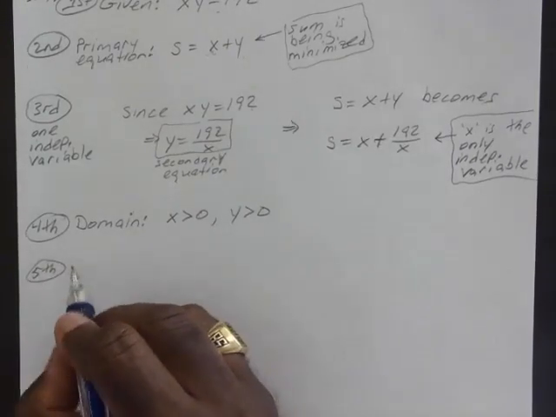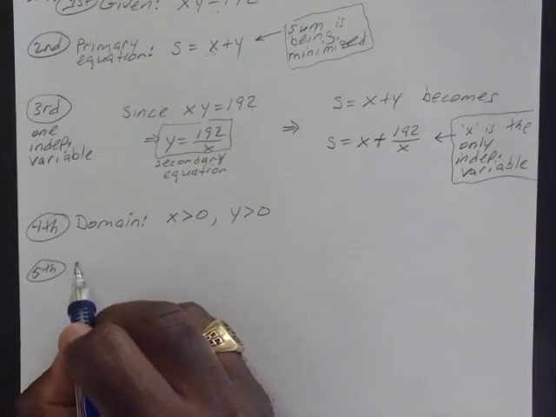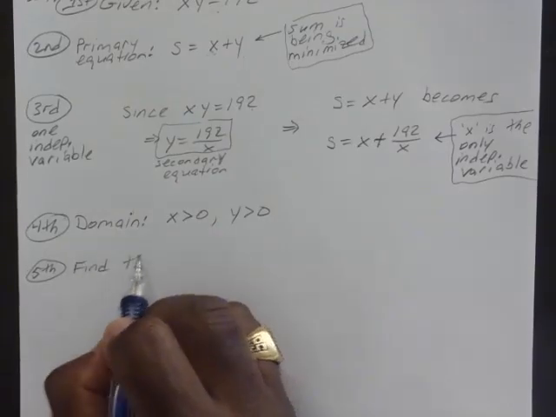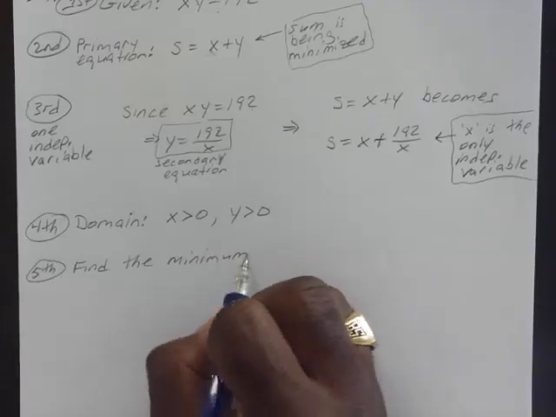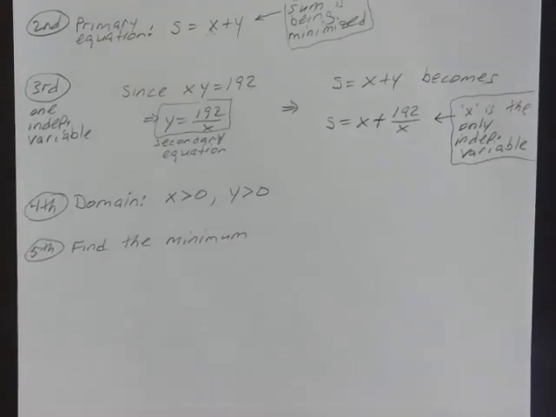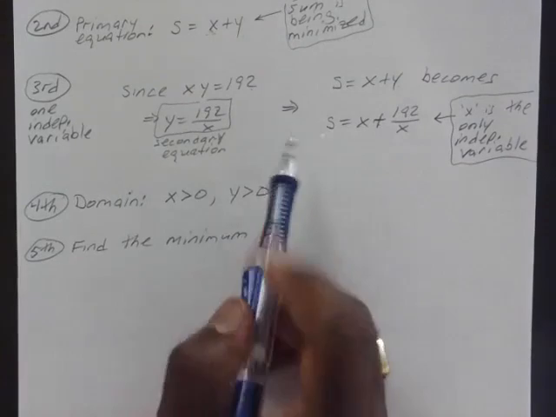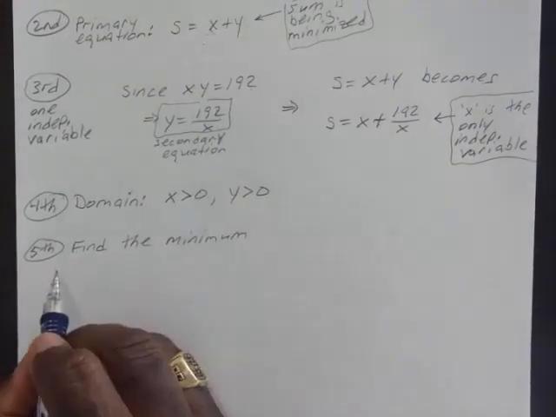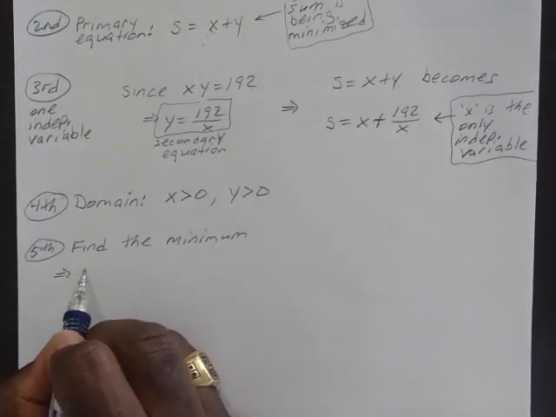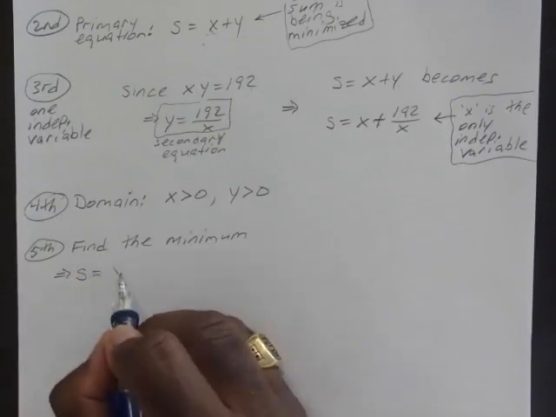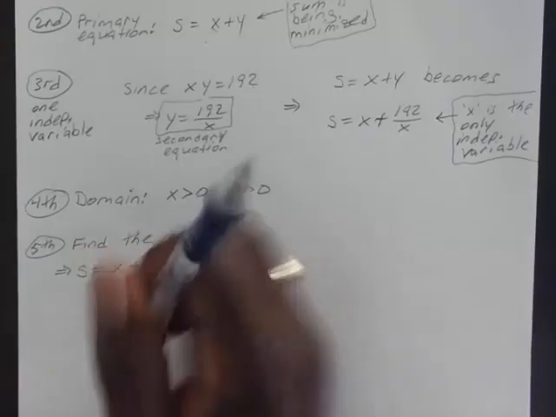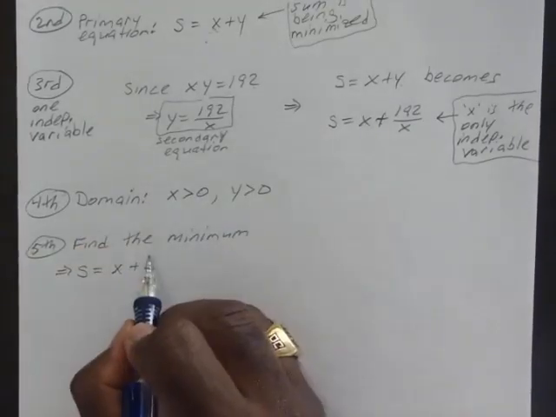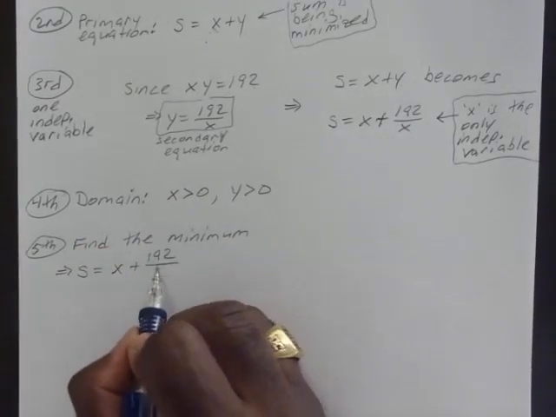In the fifth step, in this case, we want to find the minimum. Okay, so if we start off with our primary equation, S is equal to x plus 192 over x, right, in one independent variable.